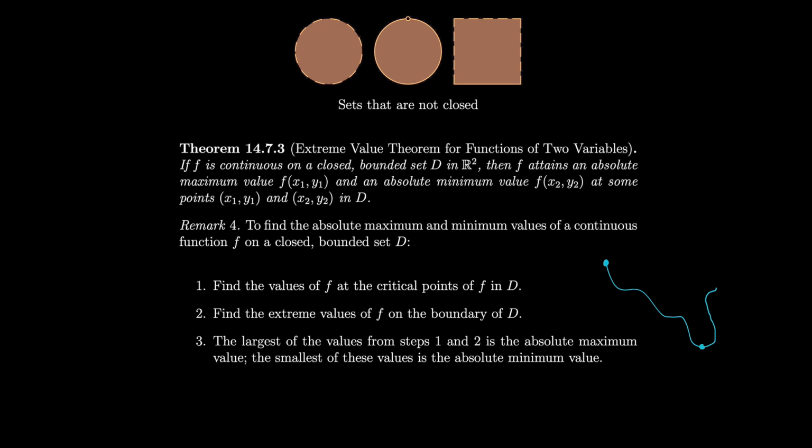So we need to check all of those critical values in the middle, and we need to check those endpoints. But in this case, there's tons of endpoints because they're all along the boundary, because we have a 2-dimensional set now for our domain. So we have to look at all of those different points.